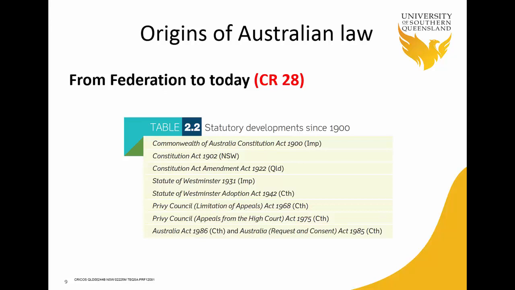It was stated that future statutes passed by the Imperial Parliament had no force in the Dominions unless requested by the Dominion Parliament. So unless the Dominion requests the British Parliament to pass a law for it, that law wouldn't be effective.